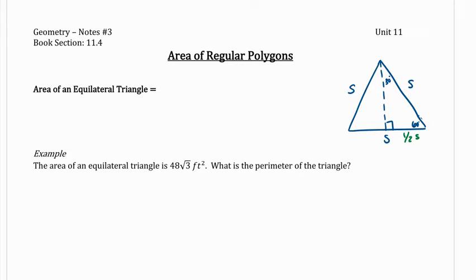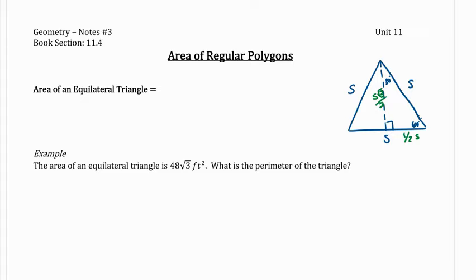And then if I use my 30, 60, 90 rules, that would make this height S radical 3 over 2. It'd be 1/2 S times radical 3. That's the height, right?